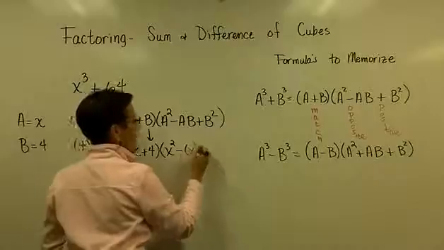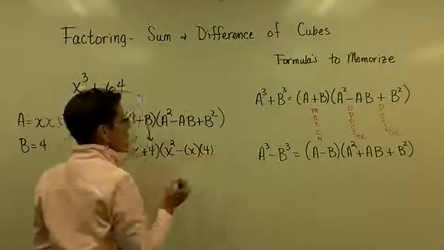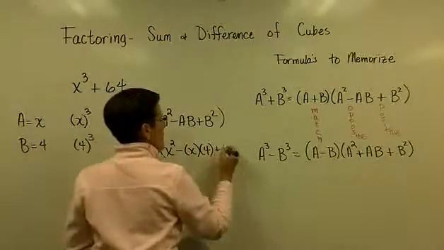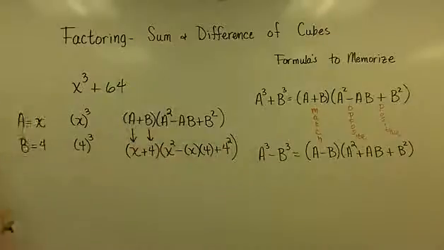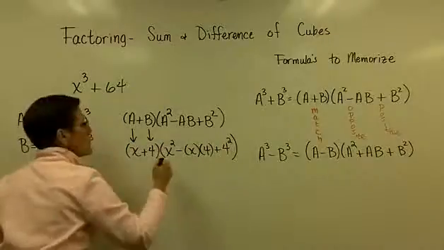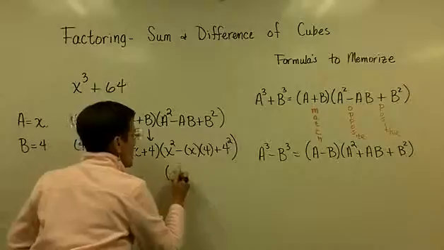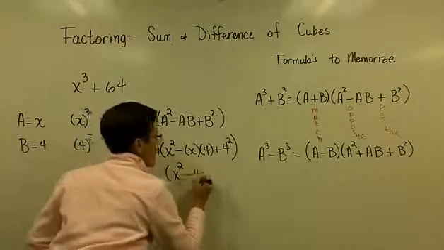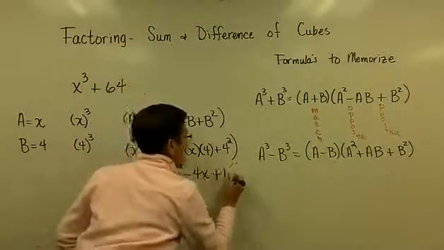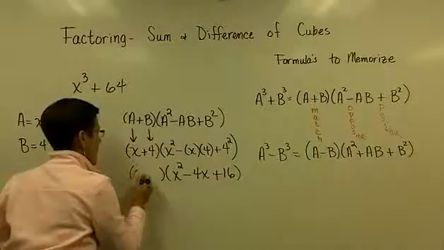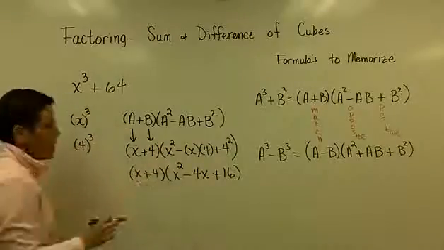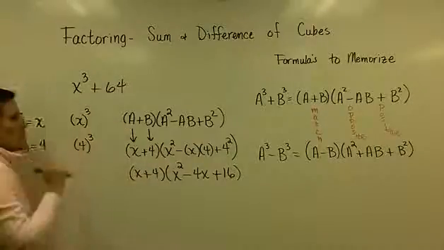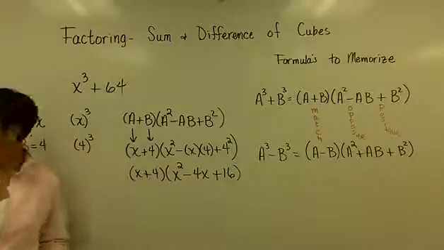Then the a value again times the b value, which is 4. And then finally, my b value is 4 in this problem, and I'm going to square it. This trinomial needs to be cleaned up, and it needs to look like this: x squared minus 4x plus 16 times this binomial of x plus 4. And if you would multiply that all out, you would get x cubed plus 64.